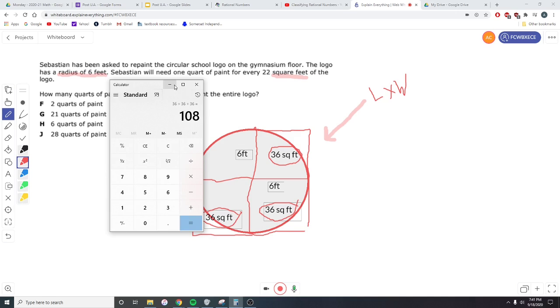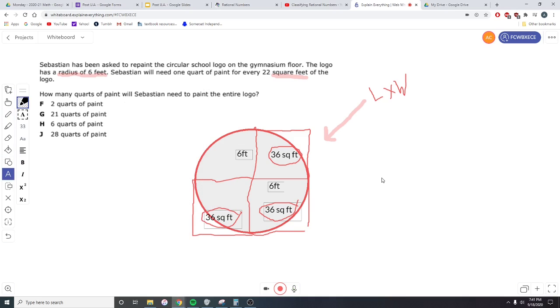The total area is approximately 108 square feet. That's the area of the circle, approximately. In other words, it's not the exact answer, but it's a close answer to the area of the circle.